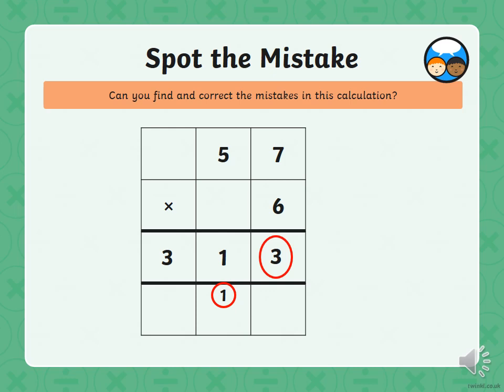And then 5 times 6 is 30. So this over here is correct, it is 31, but because this should have been 42, they've got the whole calculation wrong, although they are using the correct method. So the answer instead over here should be 342 instead of 13. Okay, well done.